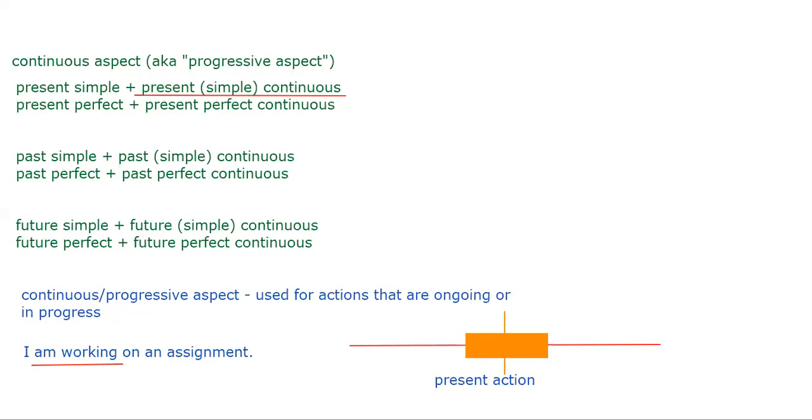You can see here that the present progressive or present continuous is for actions that are ongoing. They don't take place at one point in time. They tend to be lengthy processes, if that makes sense. So here, I am working on an assignment. This means that you are now working on an assignment, that you haven't finished working on the assignment. You're working on it now and you're not finished.